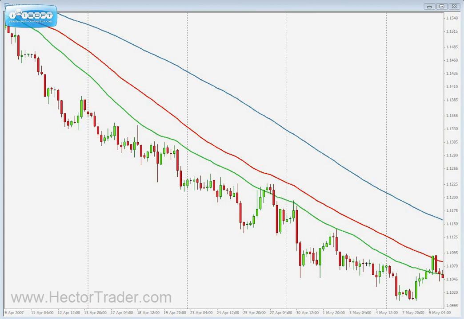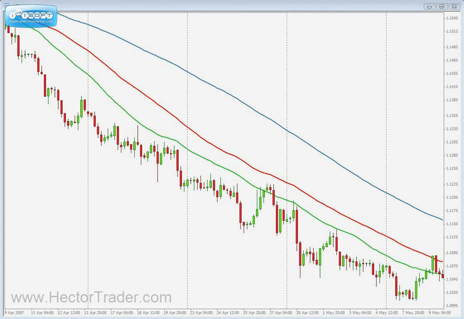Now I'm going to be showing you different examples of different currency pairs on different time frames, and you will see how all these conditions apply equally to all of them. And once they apply, we are indeed looking at a clearly trending scenario. Firstly, let's assume you are an intraday trader.